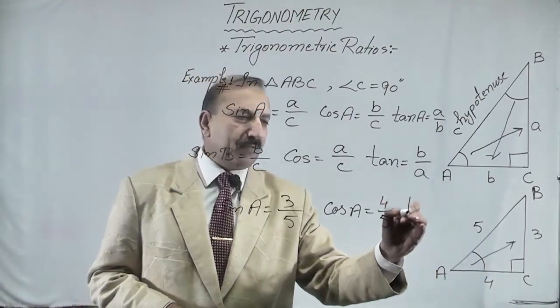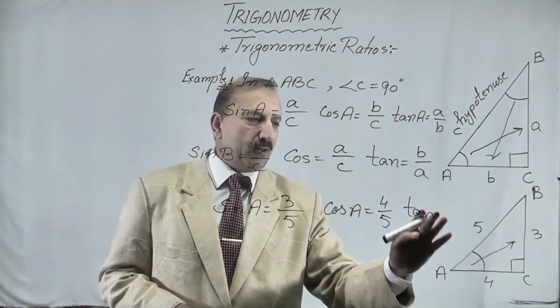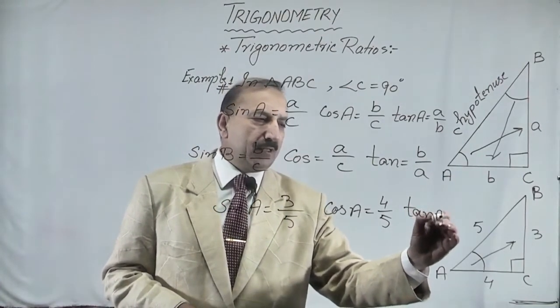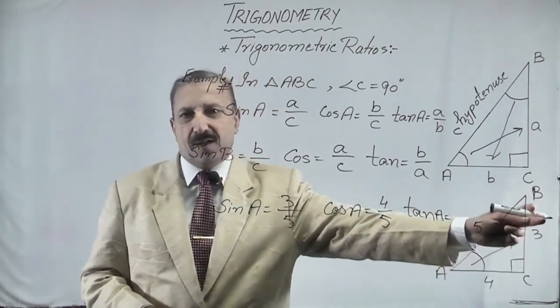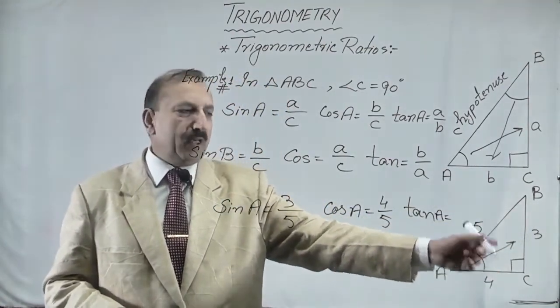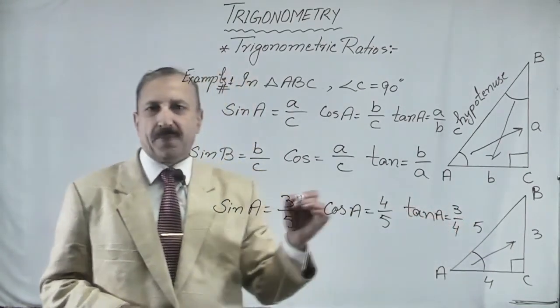And now the last one is tangent. Tangent of A equals opposite over adjacent. Here is opposite and here is adjacent, my dear student. Opposite is 3 and adjacent is 4.